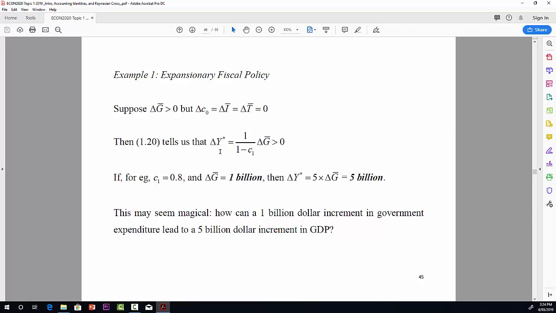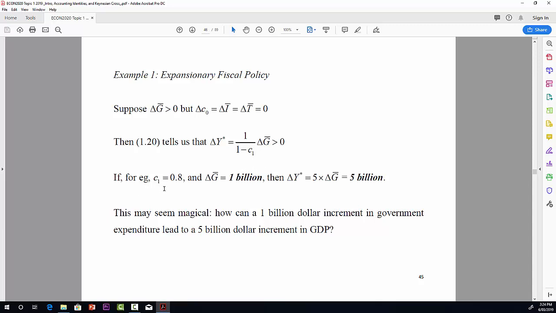Okay, so this says if those other variables don't change, a positive change in G bar is going to cause a positive change in equilibrium output, y star, which is equal to 1 over 1 minus C1 times that change in G bar. Let's use the numbers that we were looking at before.